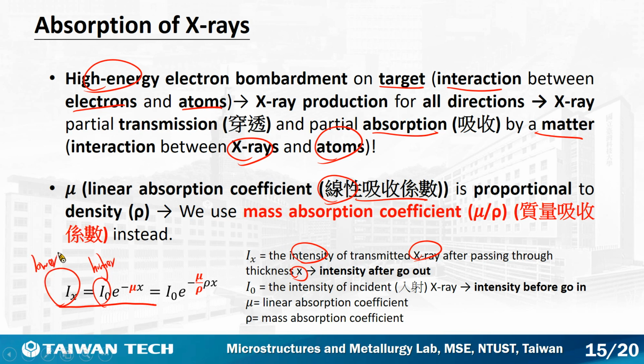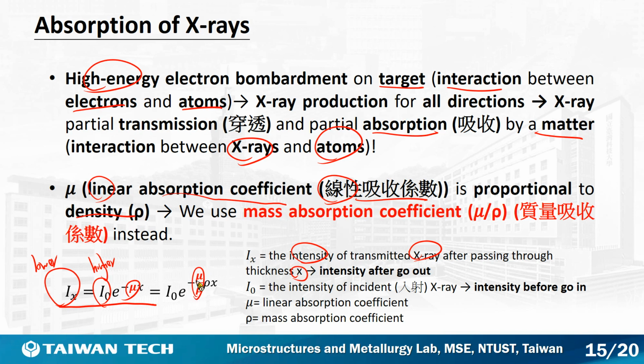Okay, so let's talk about this mu. This is the absorption coefficient. Linear means we estimate it from one dimension. Also, as we know, this is related to the density of the materials. So we can use this mu over rho.